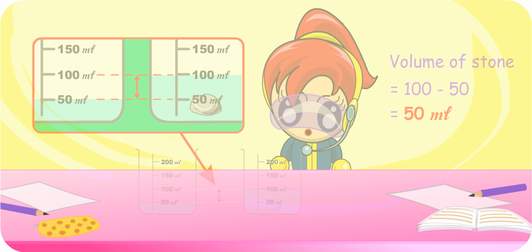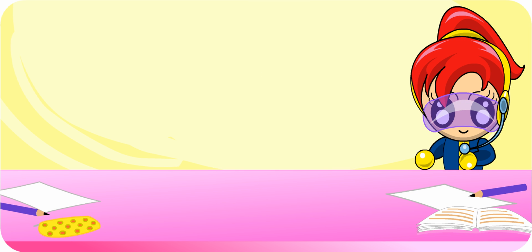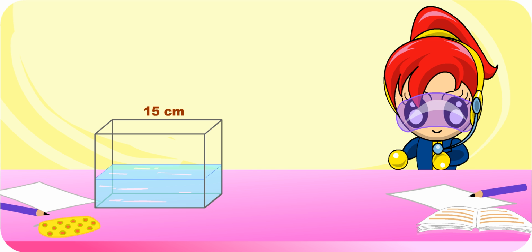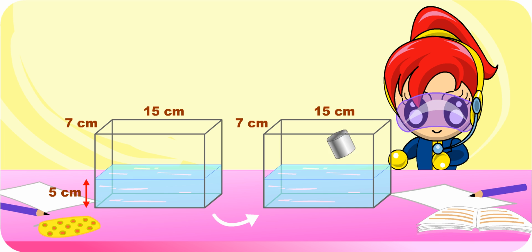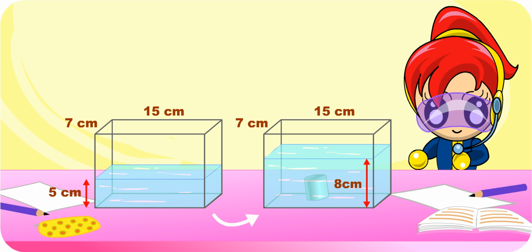Very good. Let us look at this question. A rectangular tank 15 centimeters by 7 centimeters contains water to a height of 5 centimeters. When a piece of metal is put into the water, the height of the water is 8 centimeters. Find the volume of the piece of metal. We know that the change in the volume is due to the volume of the piece of metal.